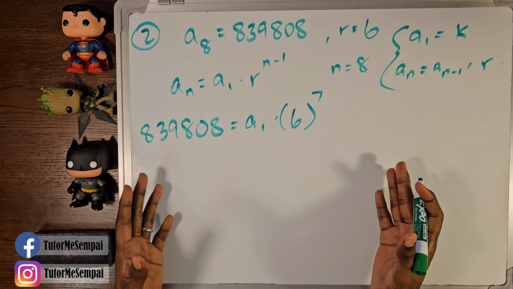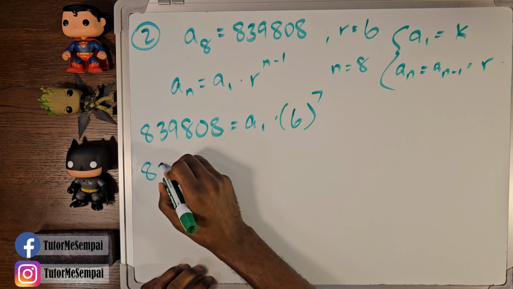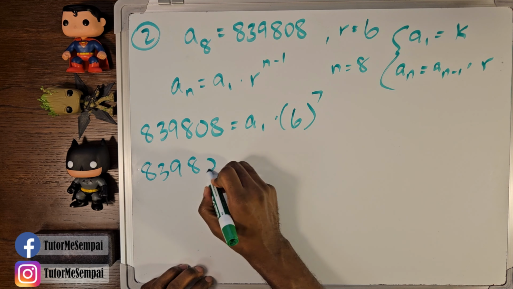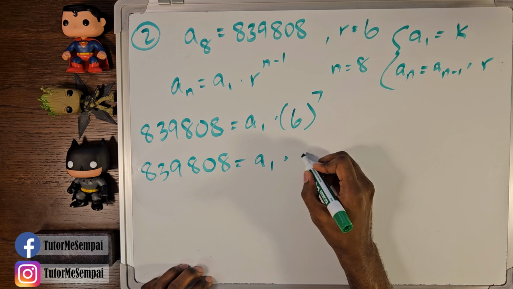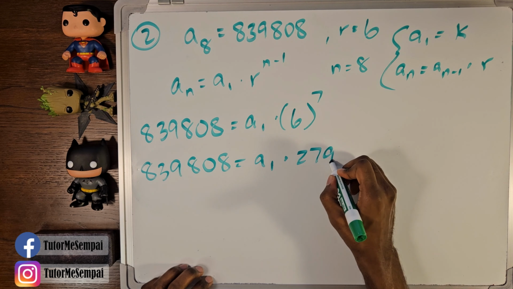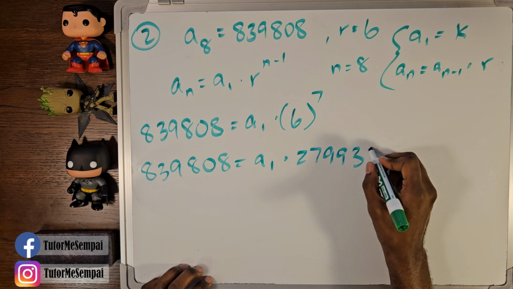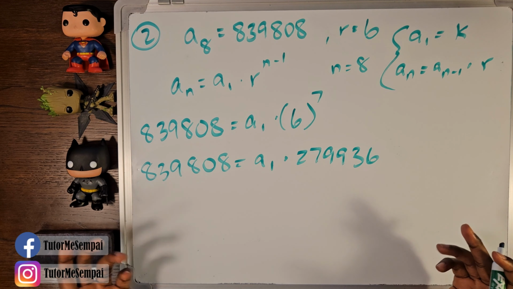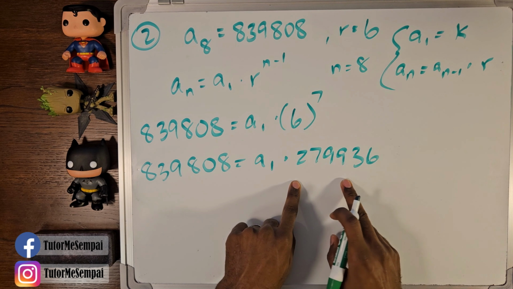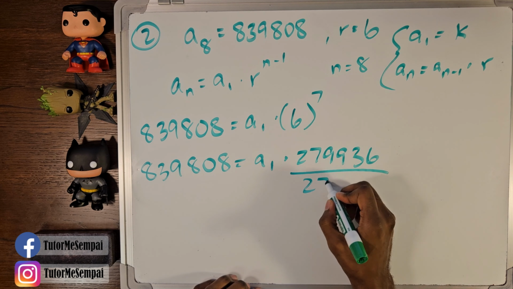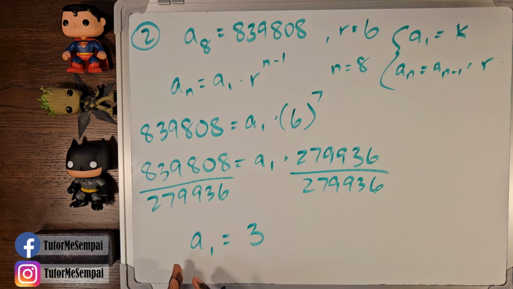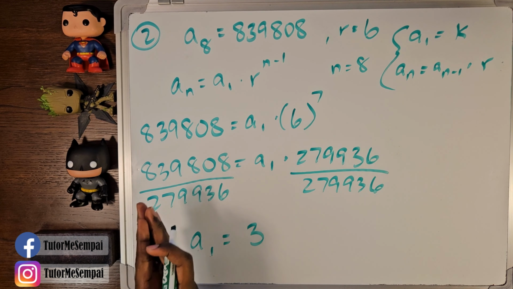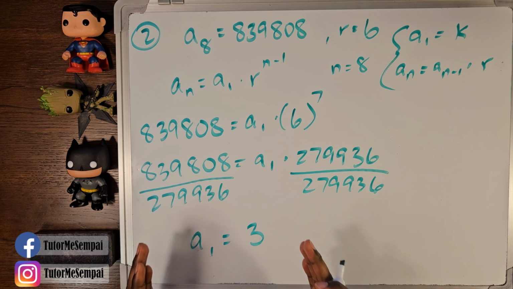And if we were to expand all this out, we would have 839,808 equals a sub 1 times 279,936. Divide both sides by 279,936, and we're going to get a sub 1 equals 3. Our initial term for this geometric sequence is just going to be 3.